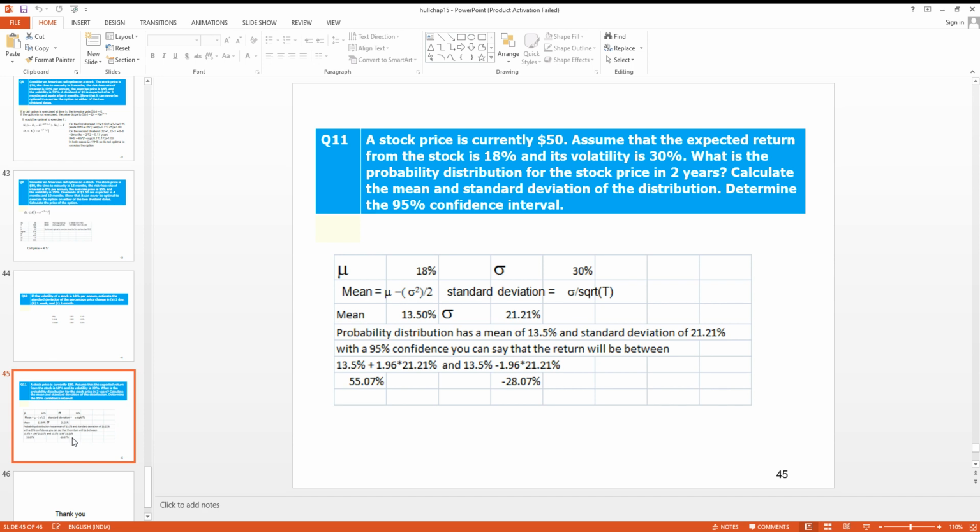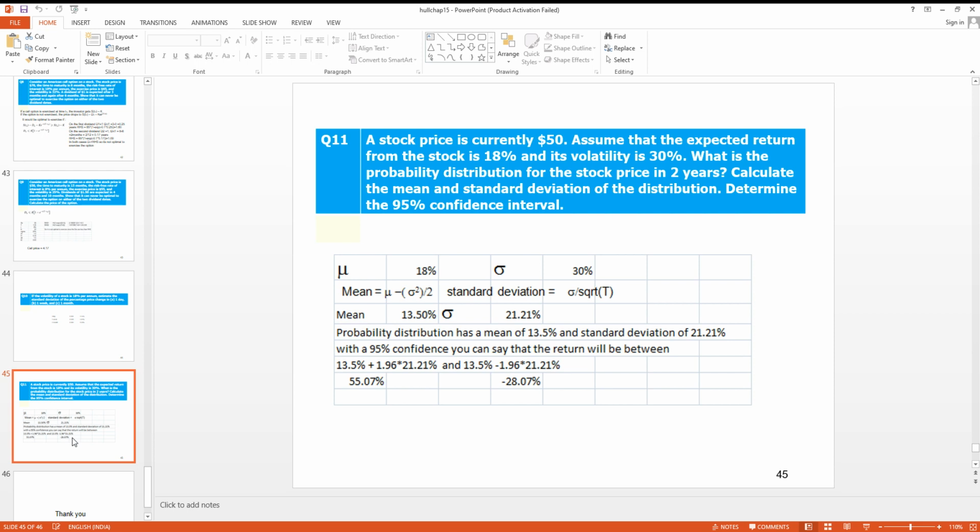So mean is mu minus sigma square by 2, and standard deviation is sigma times square root of t. So you get 13.5%, which is nothing but 18% minus 0.3 squared divided by 2, and standard deviation will be 0.3 times square root of 2. So you get 21.21%. Probability distribution has the mean of 13.5% and standard deviation of 21.21%.